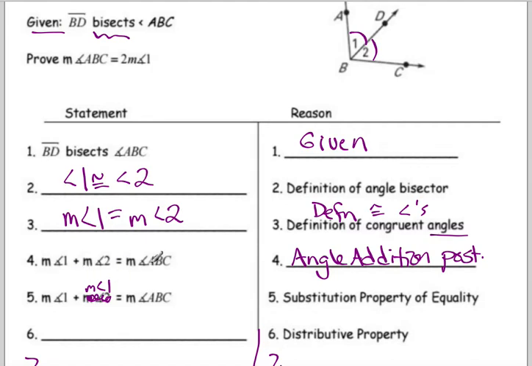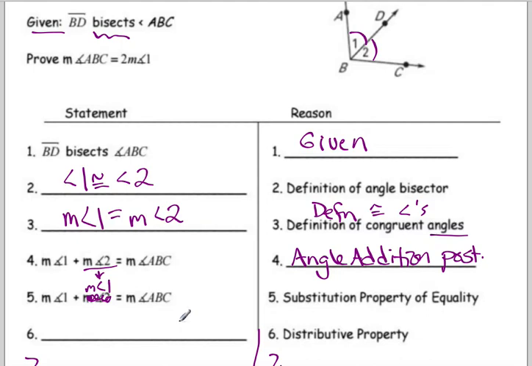So that is where line 4 is coming from. They're adding the 2 to make that whole angle there. Now that we have that written out and we know that angle 1 is equal to angle 2, we can replace this measure of angle 2 with the measure of angle 1 below there, and it should have said the measure of angle 1 there. And that's the substitution property of equality, and they filled that whole thing out for us.